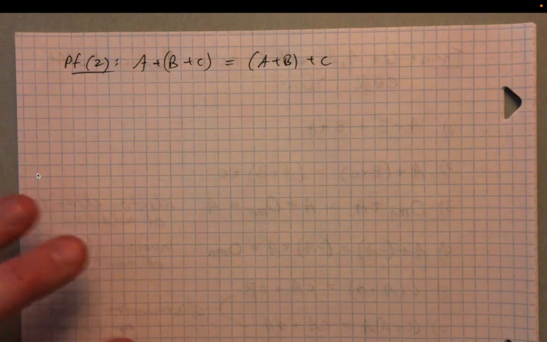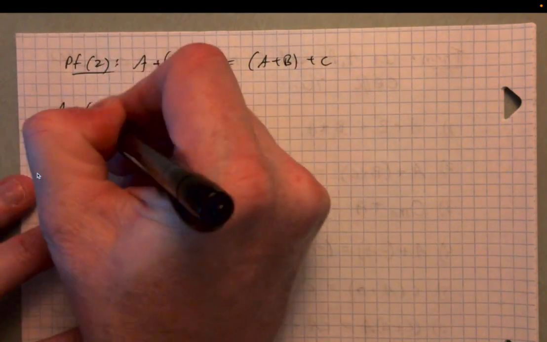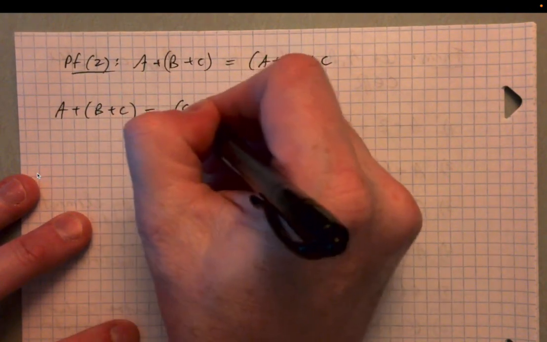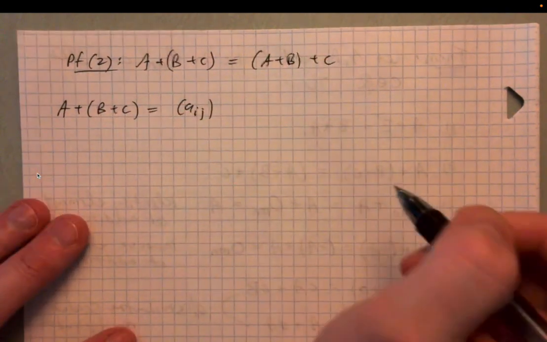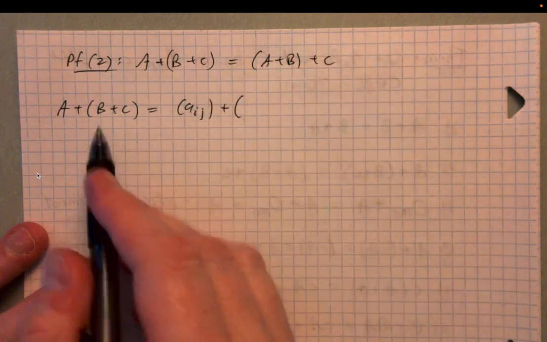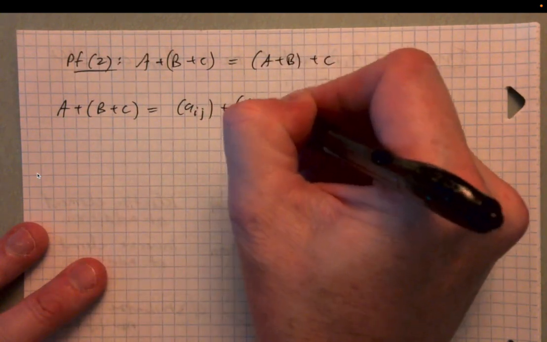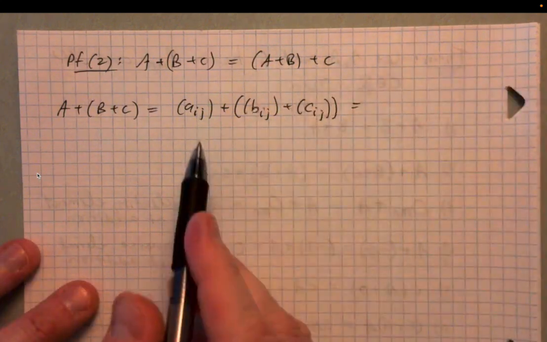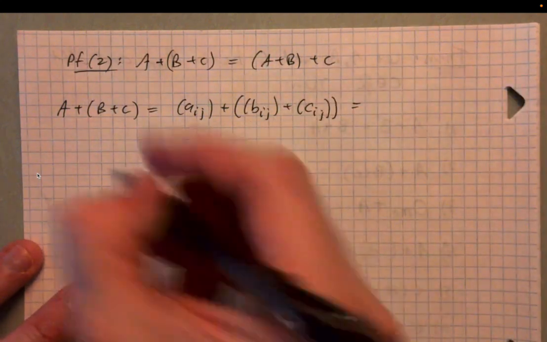It's going to work the same way. So (A plus B) plus C is equal to the [aij] matrix plus [bij] plus [cij]. This indicates that I should add these two first.